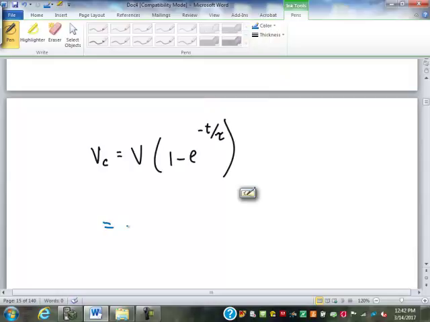So our full voltage here is 12 volts times 1 minus e. Our time is 14 milliseconds, so negative 0.014, divided by our time constant, which is going to be 3,200 ohms times 0.000038 farads.